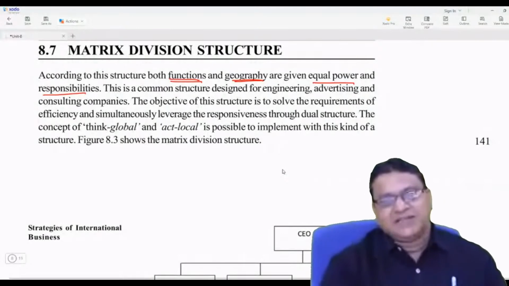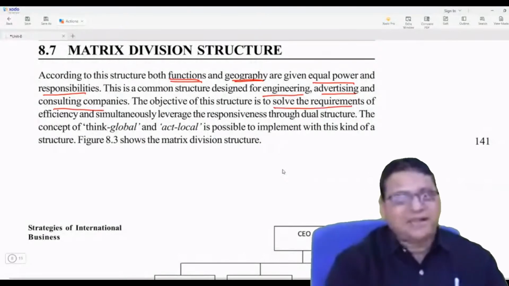And it is suited for engineering, advertising, and consulting companies, where the objective is to solve the requirements of the local customers with efficiency.